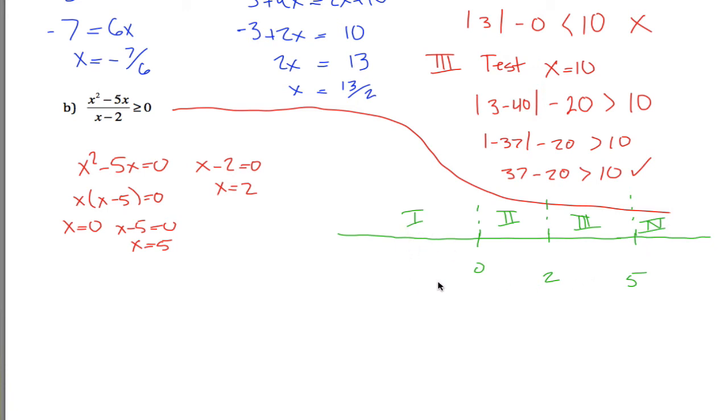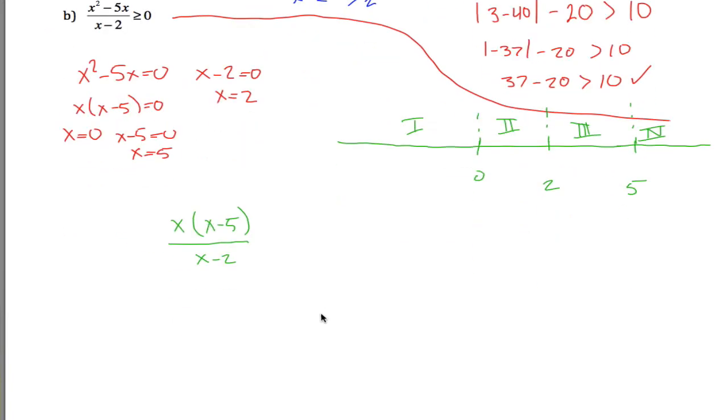So test them. If you take a number less than 0, -1 for example, it kind of helps to rewrite this thing in its factored form. X times x minus 5 divided by x minus 2. Instead of x squared minus 5x, I'm going to write it in the factored form. And why that helps is if you look at region 1, those are negative numbers.